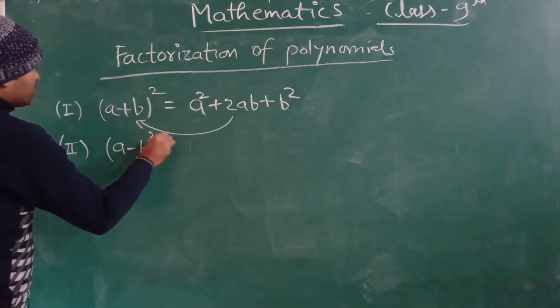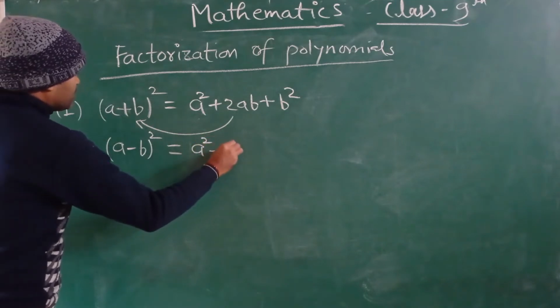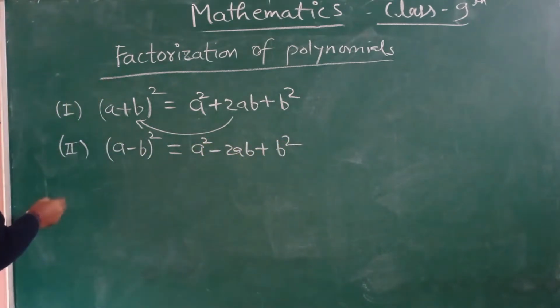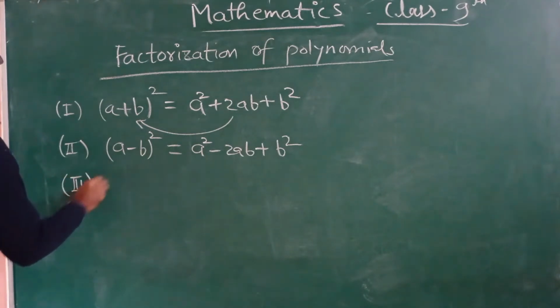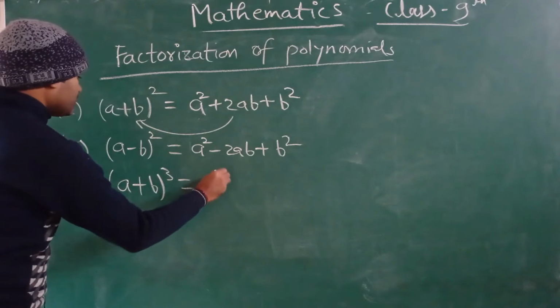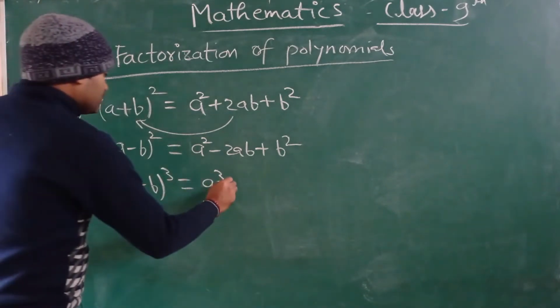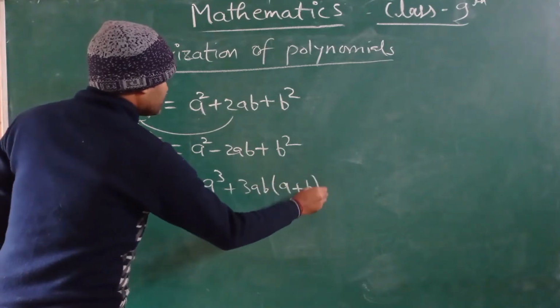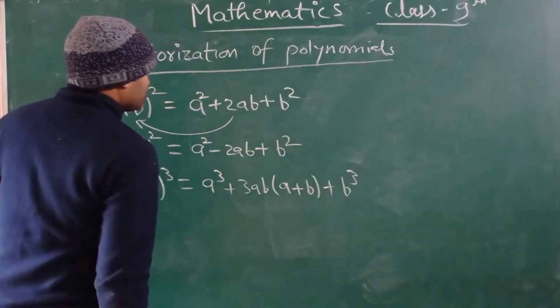A minus b whole square is given by a square minus 2ab plus b square, and a plus b whole cube is given by a cube plus 3ab in bracket a plus b plus b cube.